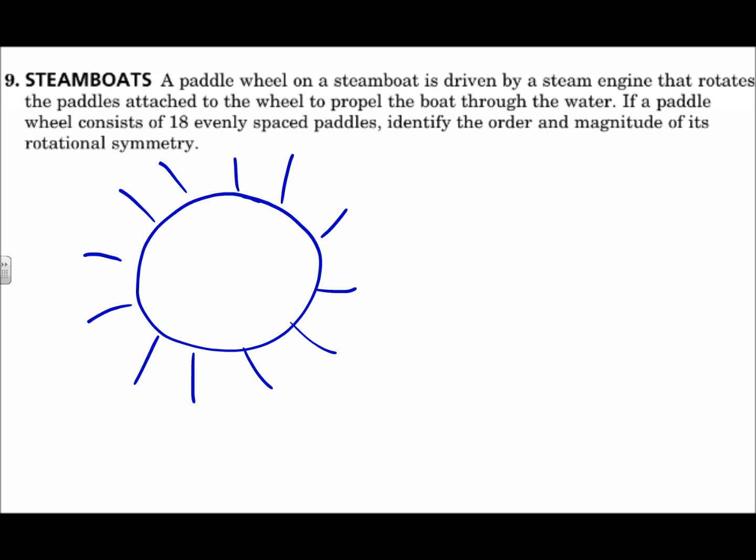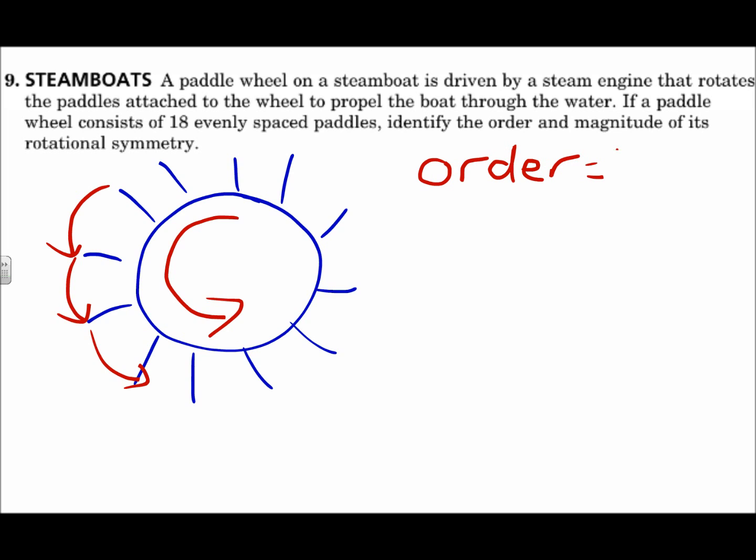As this wheel is turning, this wheel will map onto itself every time one of the paddles lines up with where the previous one was. So one there, one there, one there, all the way around 18 times. So the order is 18.